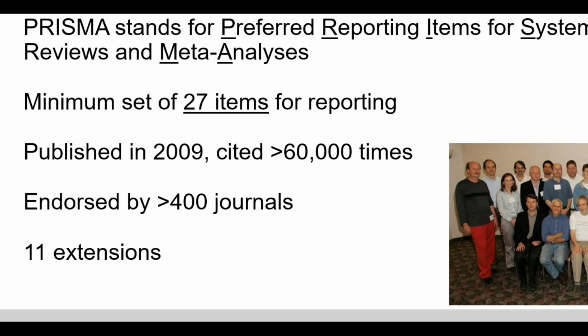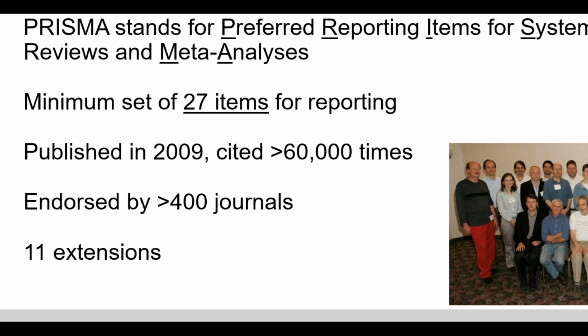It's gone on to be quite influential, having been cited more than 60,000 times in multiple systematic reviews, but also in a lot of methodology papers as well that have used PRISMA as a way to assess the completeness of reporting of published reviews.